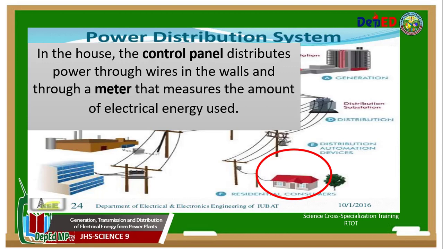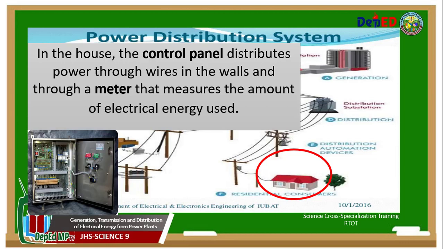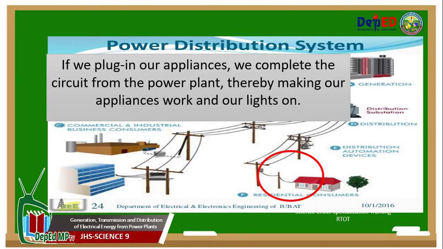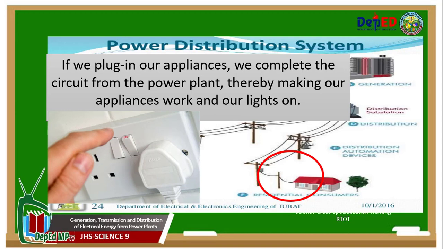After the control panel, we have the outlets. Lastly, if we plug in our appliances, we complete the circuit from the power plant, thereby making our appliances work and our lights on.